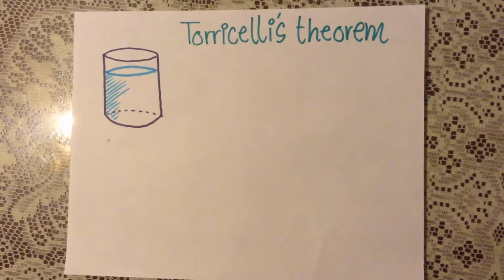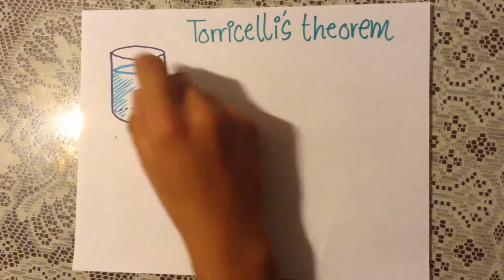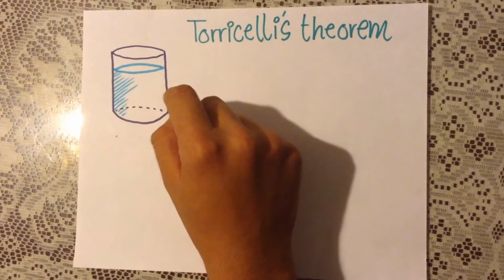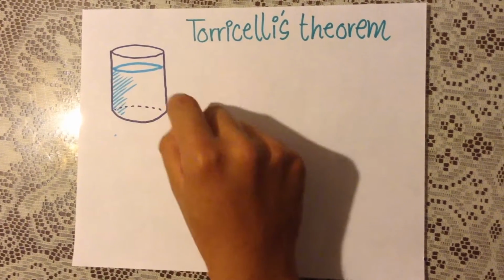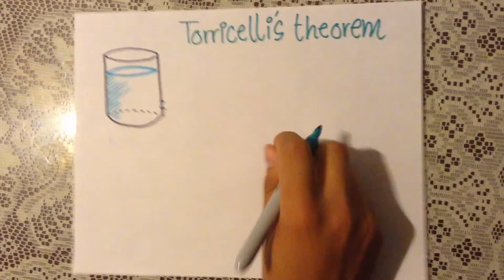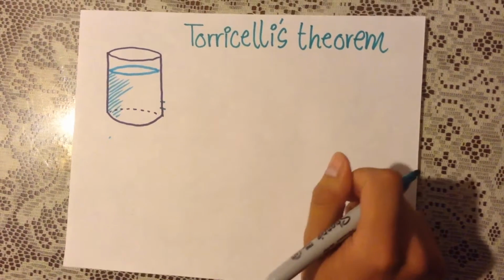And now for the experiment, say that you have a cylinder with an open top like this, and you put some proper fluid, let's say water, in it, and at the bottom you put a little hole like this. The question is, how fast will the water be going?